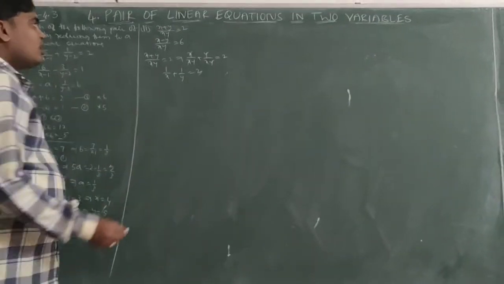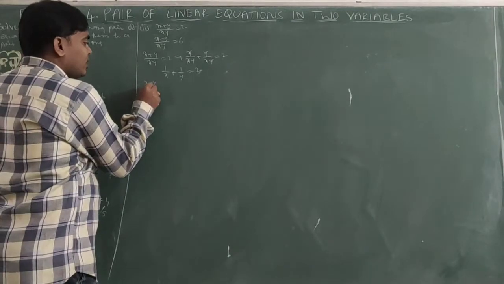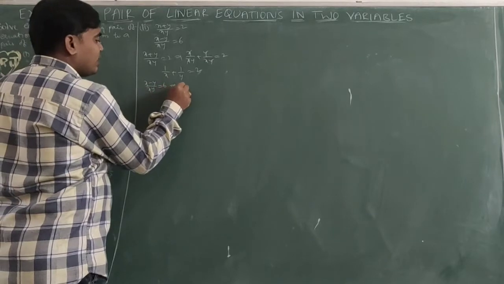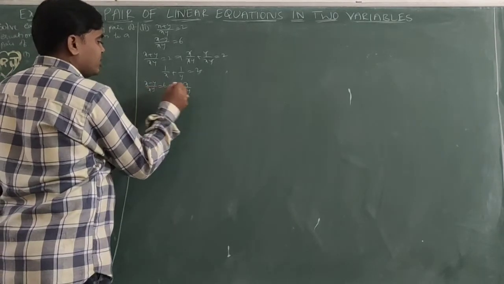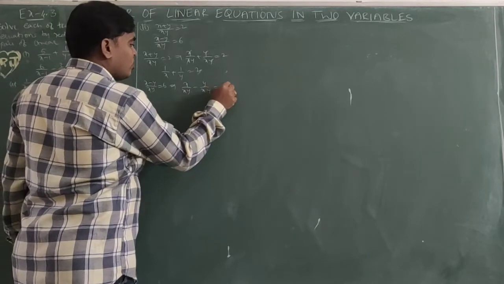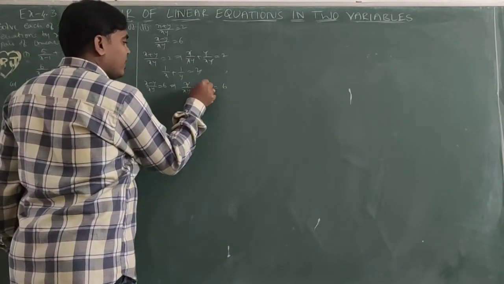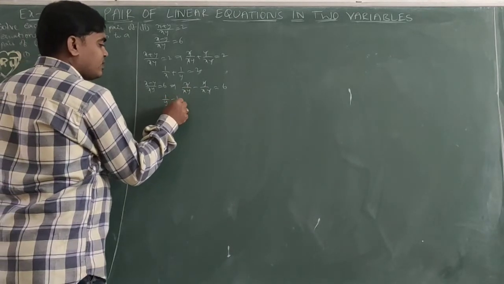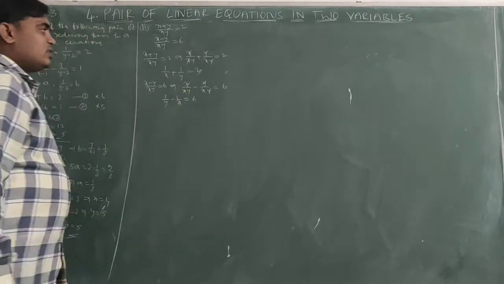Next, x minus y by xy equal to 6 implies x by xy minus y by xy equal to 6. x cancels, y cancels. So 1 by y minus 1 by x equal to 6.